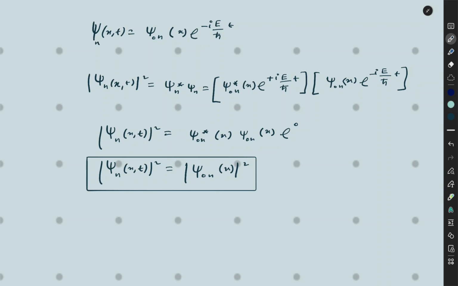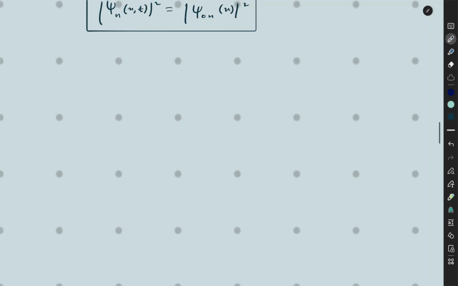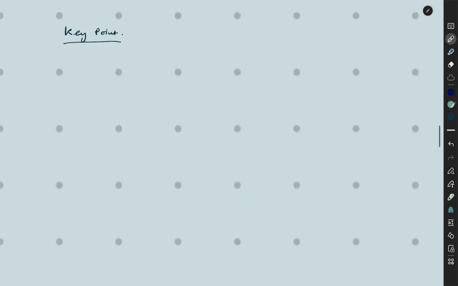So now we will write over here the key things that we need to remember. So the key points, I'll write one by one.